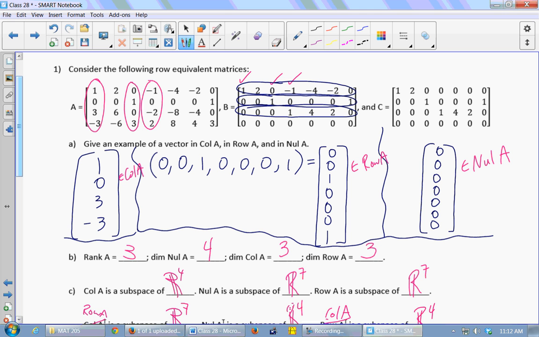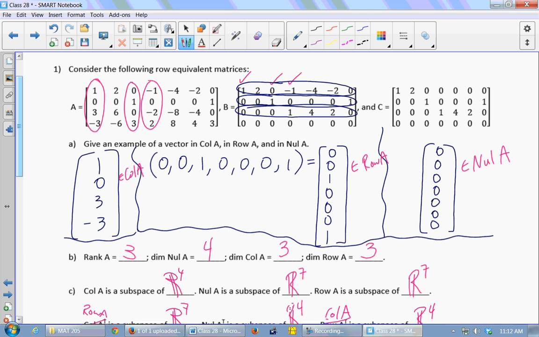So the set of all vectors that give you an output of the zero vector, right? So I would augment A with zeros, row reduce to reduced echelon form, right? And then I'd get the solutions, right?